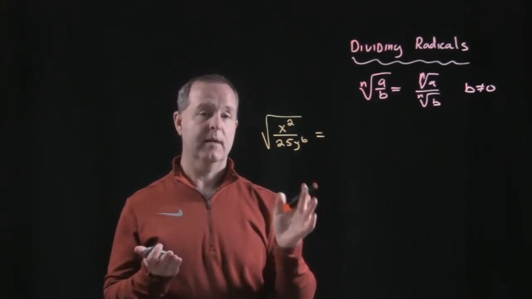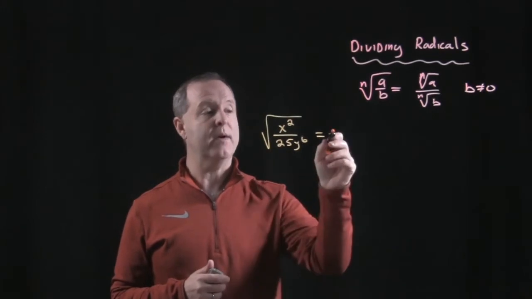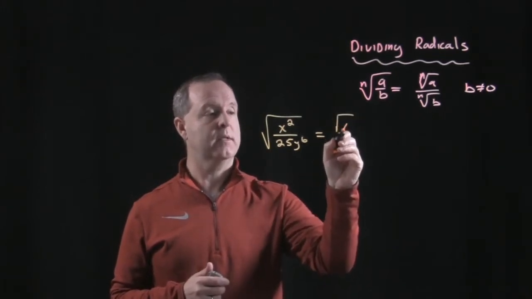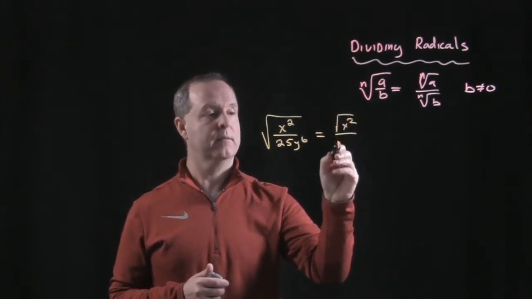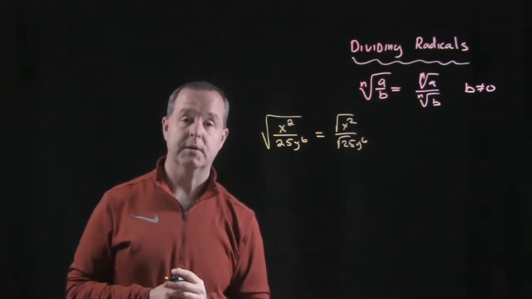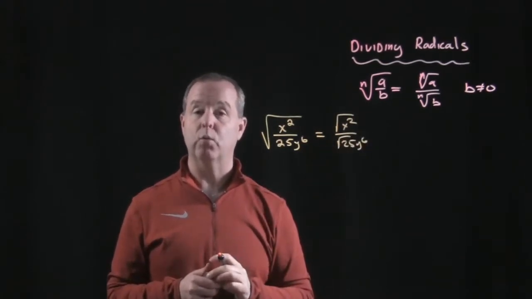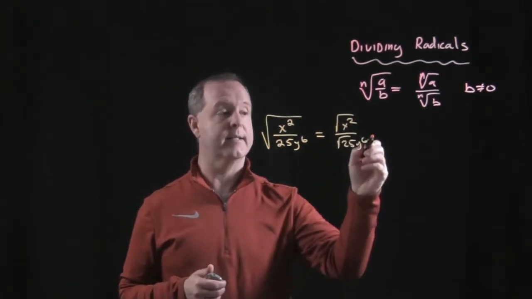Well, right now, I can't divide what's inside too easily, but I can rewrite them as square roots over square roots. From there, I'm able to start to see some perfect squares pop on out. And actually, everything was already written in a perfect square if we're able to recognize that.